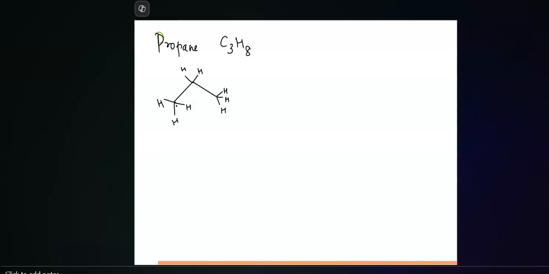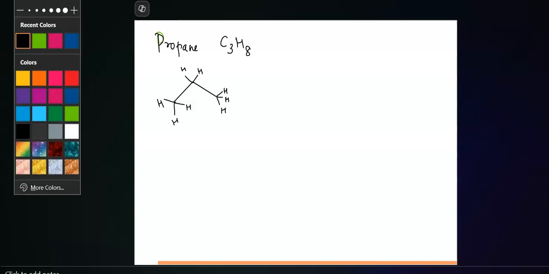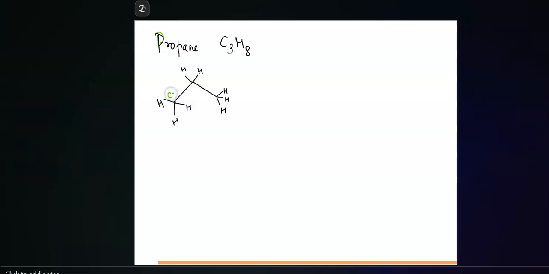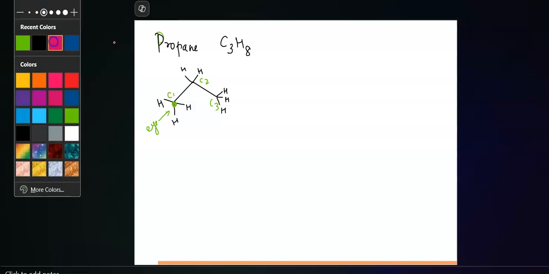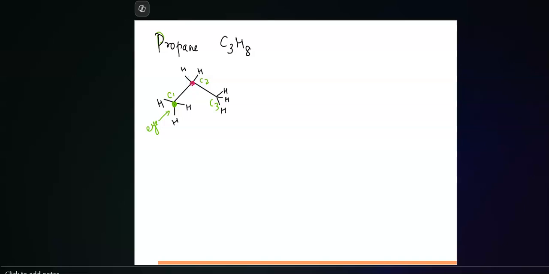If you label them C1, C2, and C3, say this is my C1, this is my C2 and C3, and your eye is here looking through, this becomes my front carbon atom, this green one, and this one becomes my back carbon atom. Once you identify the front and the back carbon atom, you can look at what groups are attached to these carbon atoms.